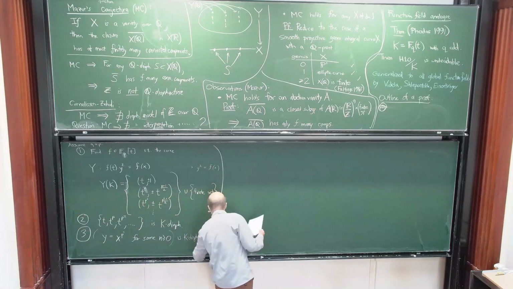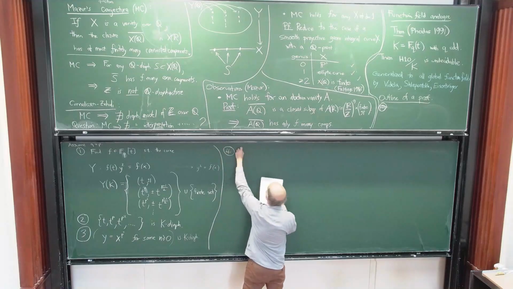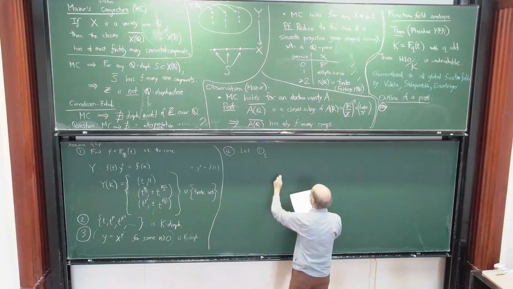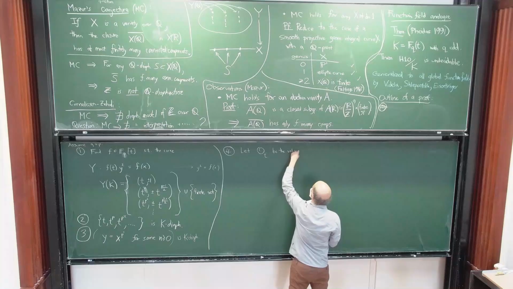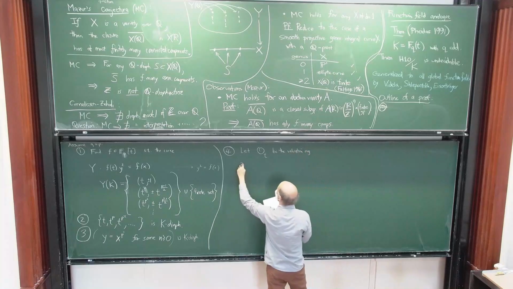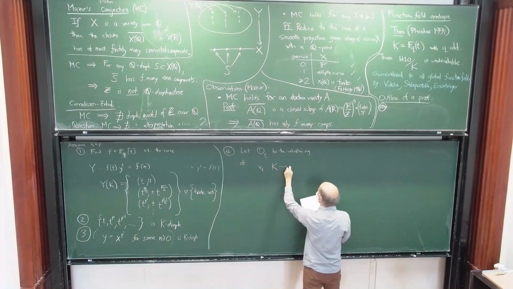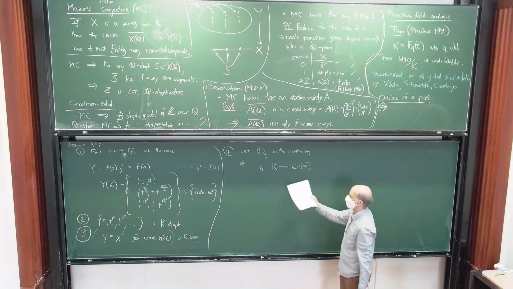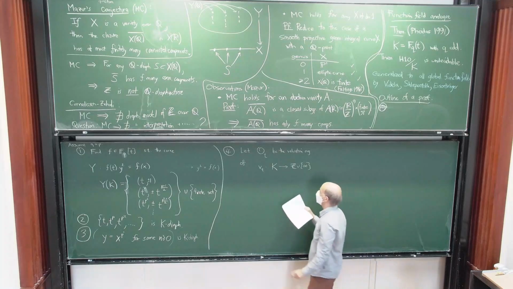And then what's going to happen is we're going to use a valuation on this field, the t-adic valuation, which is a discrete valuation going from k, measuring the order of vanishing of the rational function at 0.